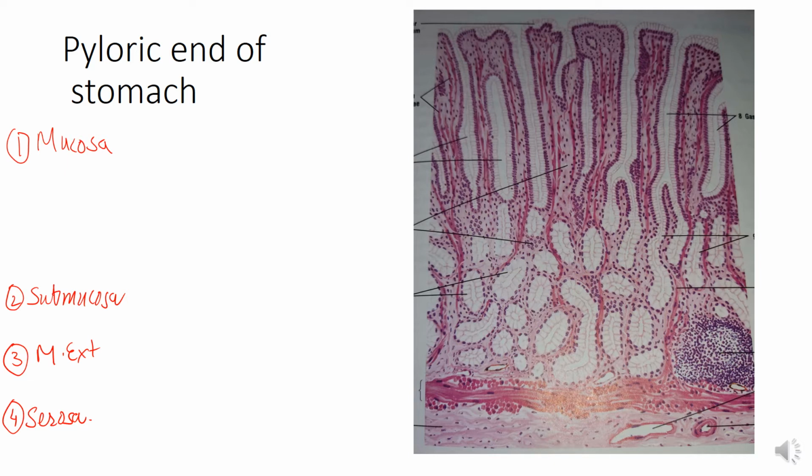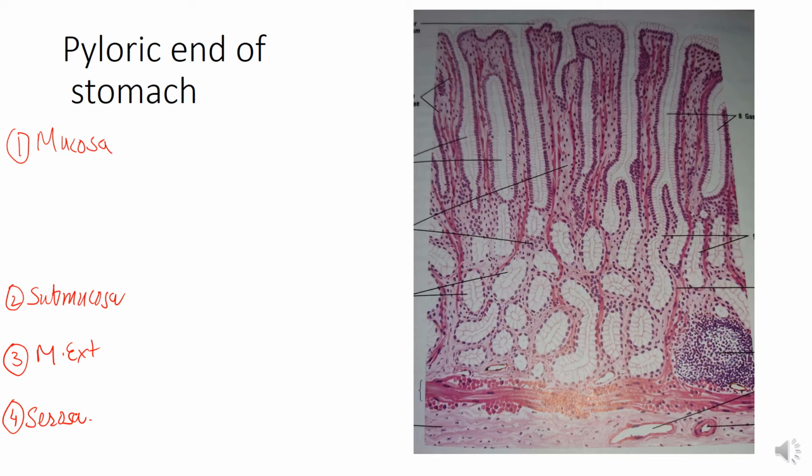Now you can see that in the pyloric end of the stomach, the food is entering into the small intestine, and the food is acidic in nature because it is mixed with acid. There is no mechanism in the small intestine apart from the goblet cells that secrete mucus, and the Brunner's glands in the submucosa of duodenum.